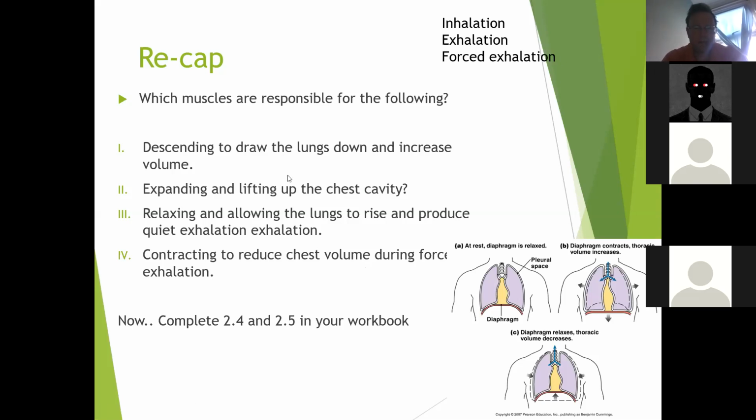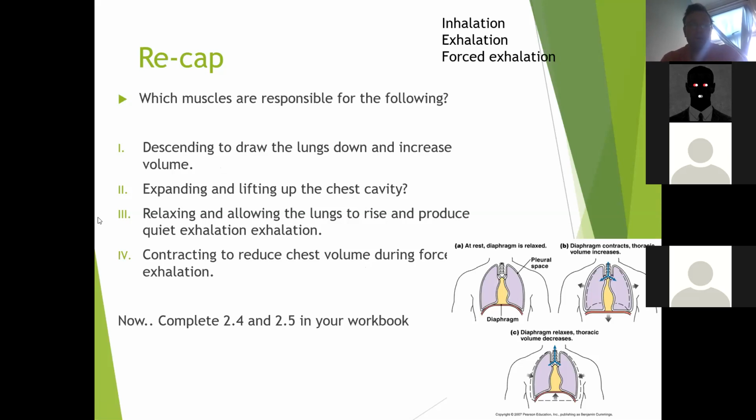The next muscle which expands to lift up the chest cavity: these are the external intercostal muscles. So the external intercostal muscles are responsible for expanding and lifting up the chest cavity.